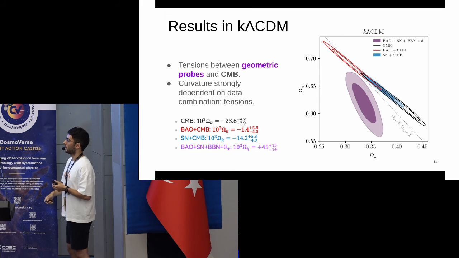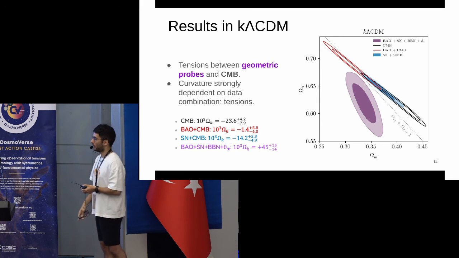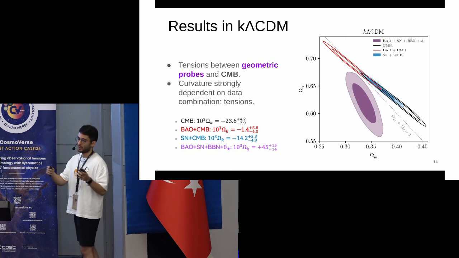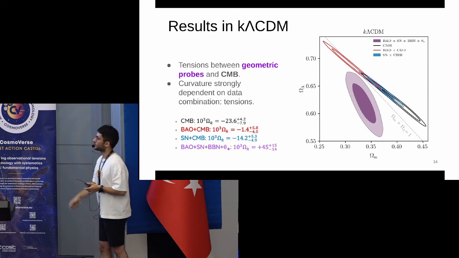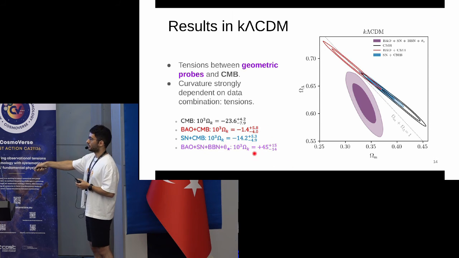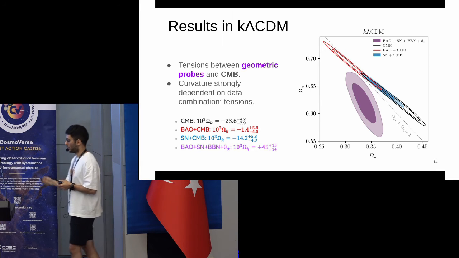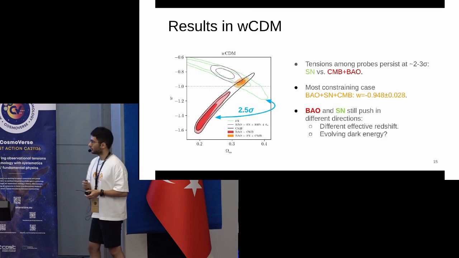All this to say that we find similar results to what we find in Lambda CDM, meaning that we have difficulties interpreting our different datasets also when allowing the curvature to be different from 0. Here you can see, for example, purple prefers quite a positive value for omega k, whereas CMB by itself prefers a negative one.